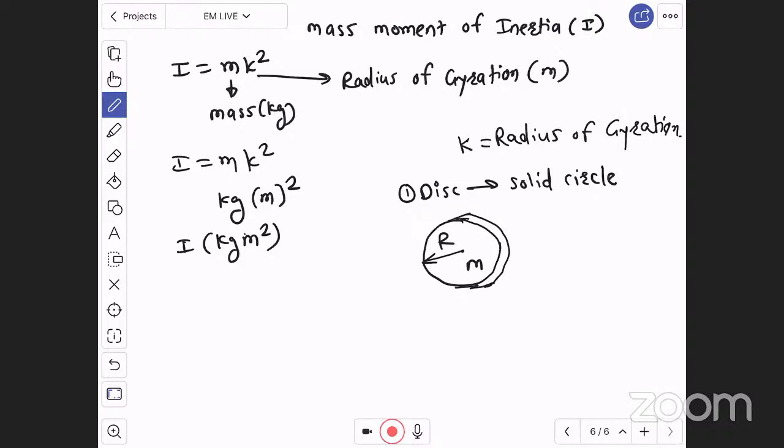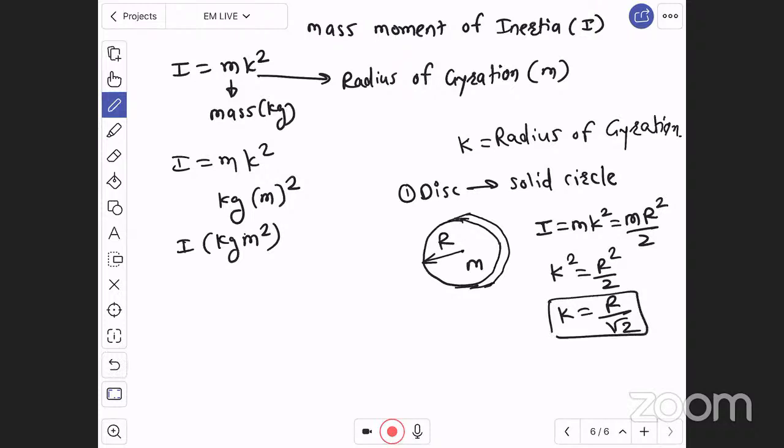Then for this disk, I, the mass moment of inertia, is nothing but mk square, which is nothing but mr square by 2. Therefore, equating this, radius of gyration k square is equal to r square by 2. Therefore, k, the radius of gyration, is r by root 2. Therefore, for a solid circular disk, k is r by root 2. And this I is about G, the centroid.